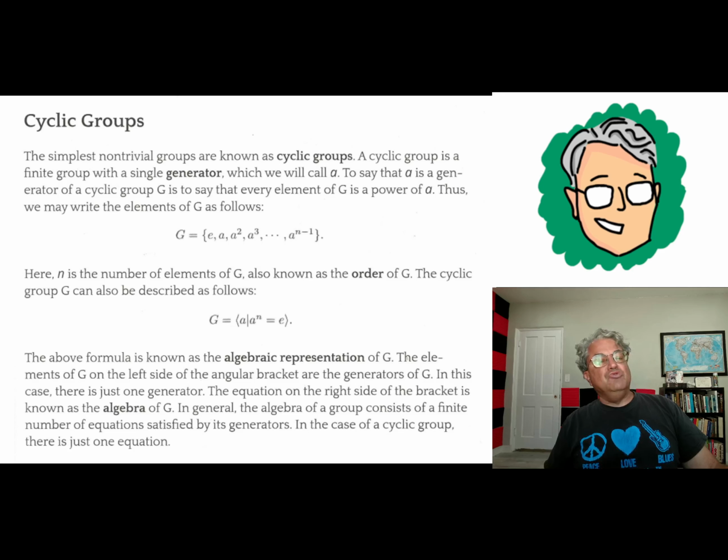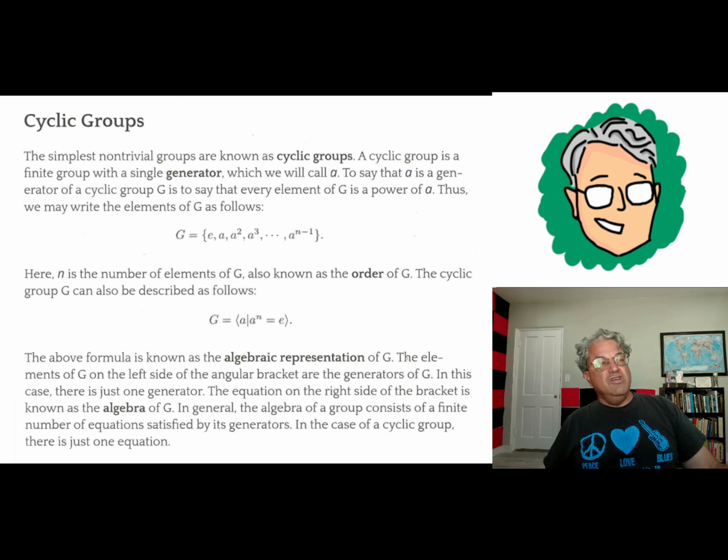And what a cyclic group is, remember I said a group is a set that has an additional structure to it. Well, there are cyclic groups of every finite order. For instance, order 5.